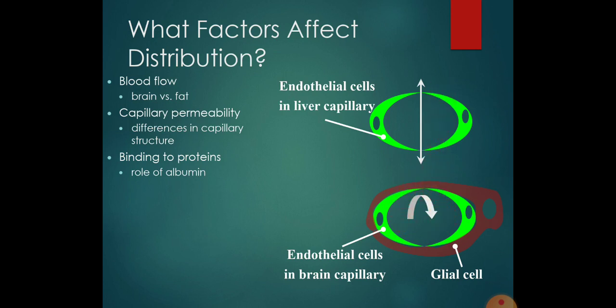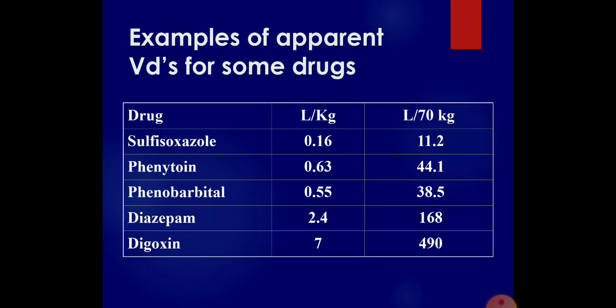The same thing is not happening in the liver capillary. There are some examples of VDs of some of the very common drugs like phenytoin, like digoxin. You do not have to remember this, but remember this volume is basically more than the total volume in the body.